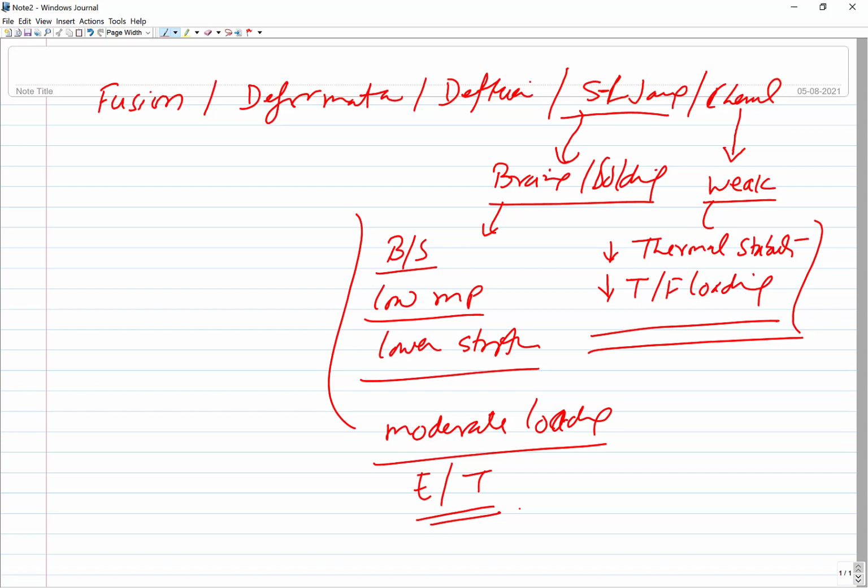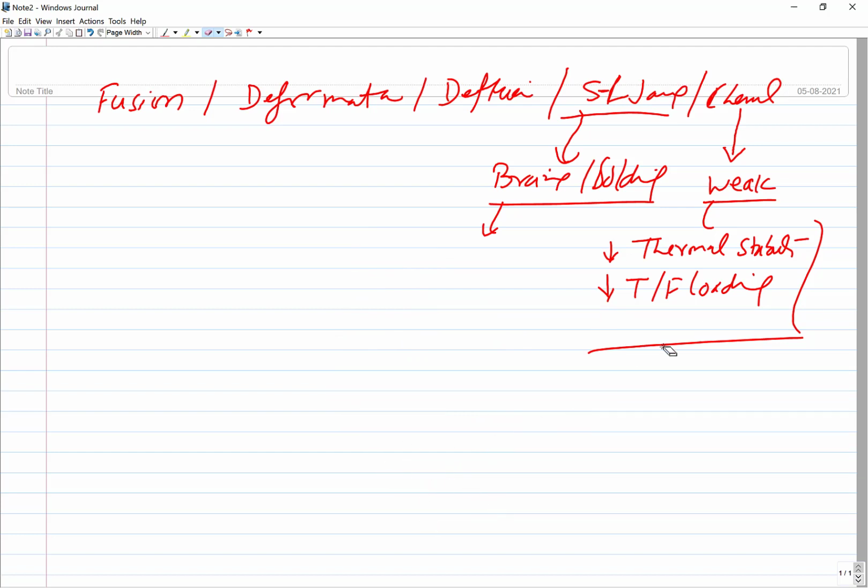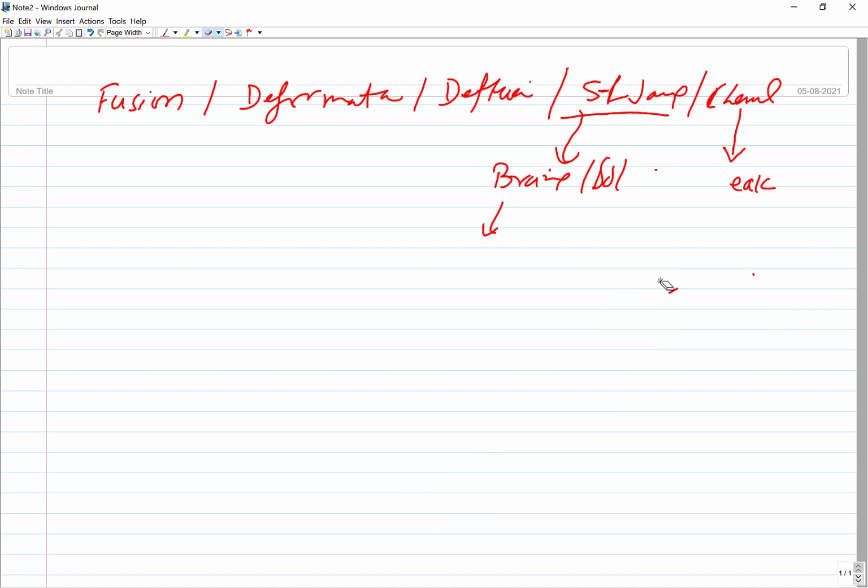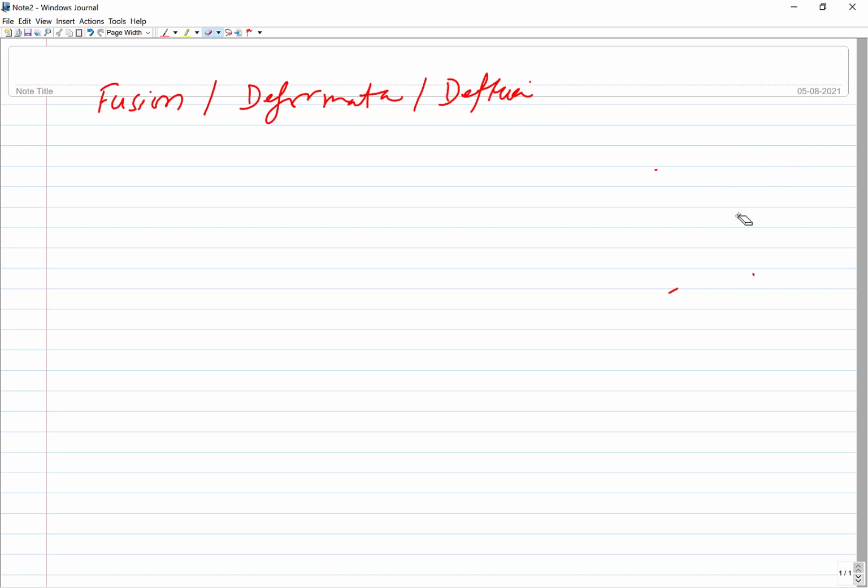Okay, so the next is diffusion bonding. Most of the time, diffusion bonding is carried out at around 0.5 to 0.6 times the melting point of the metal, so that's about above the recrystallization temperature of the metal.